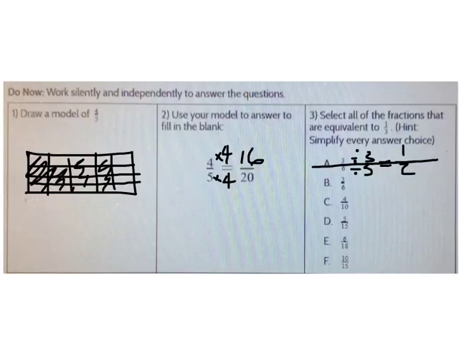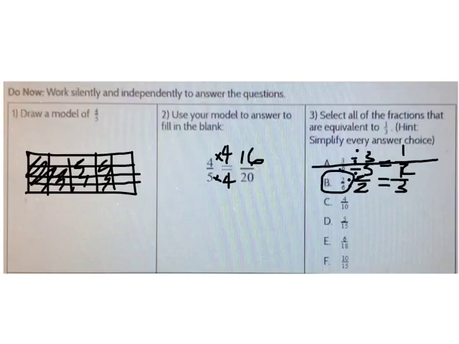Let's look at B. Is 2/6 in simplest form? No. What's the largest number that goes into both 2 and 6? It's 2. So when I divide 2 and 6 both by 2, what's my new fraction? It's 1/3. Is B a correct answer? Yes.